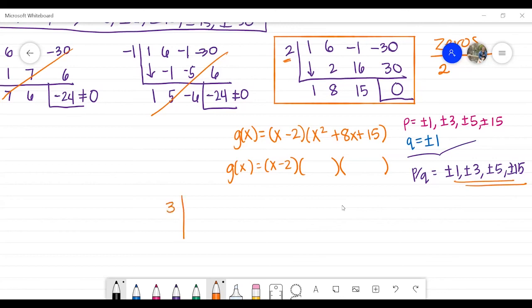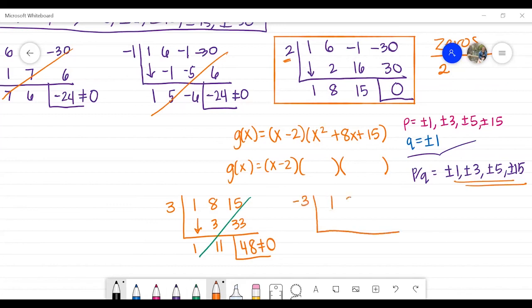So if we do 3, we've got 1, 8, and 15, right? So 1 comes straight down, times 3 is 3, plus 8 is 11, times 3 is 33. It's definitely not 0, right? Okay, so 3 didn't work. Let's try someone else. Let's try negative 3.